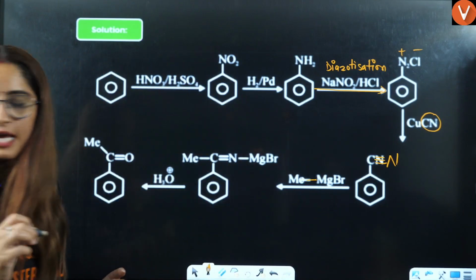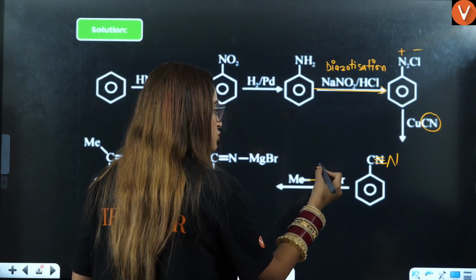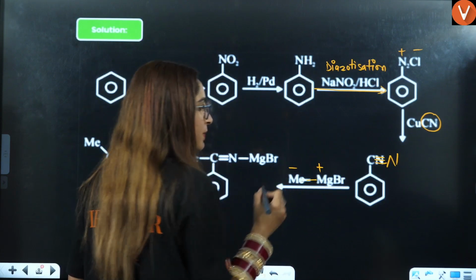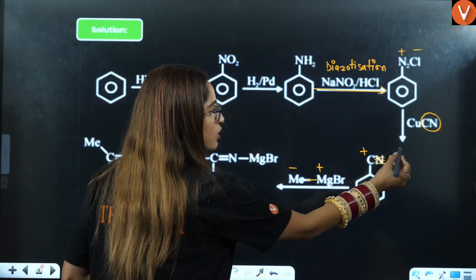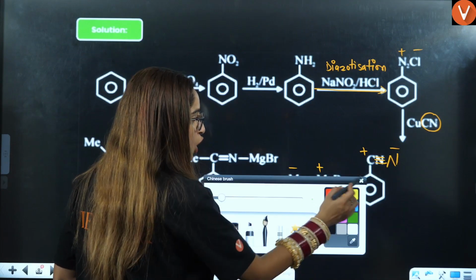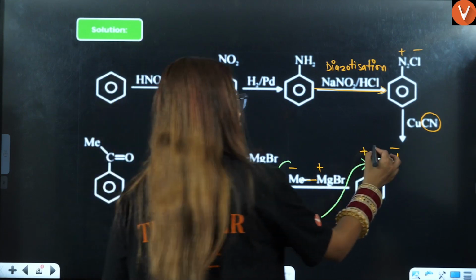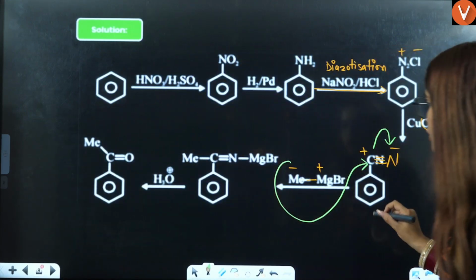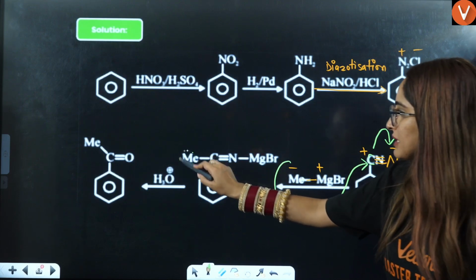Here it is MgBr, right? If you see, this carbon is positive and this will be partially negative. So here also this will be partially positive, this will be partially negative. So this is going to attack here. Electrons are going to jump here. So with this carbon, you will have the addition of this methyl.